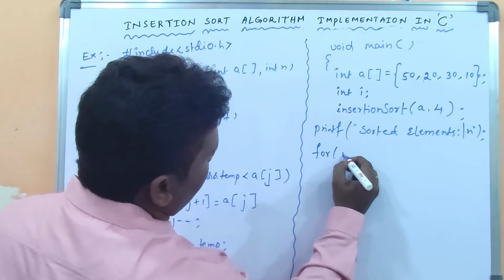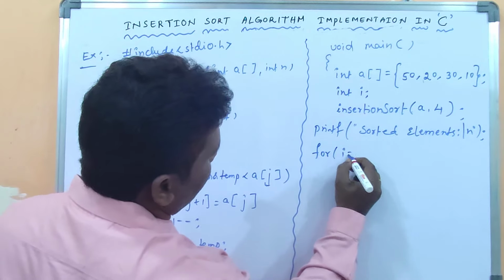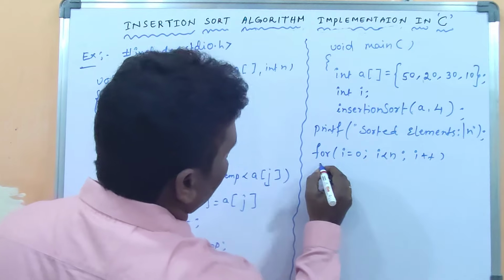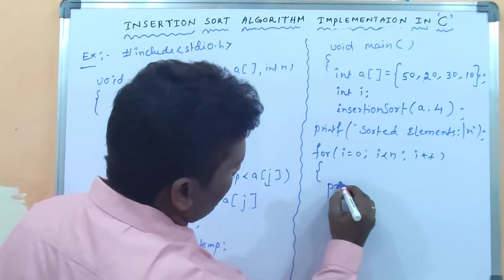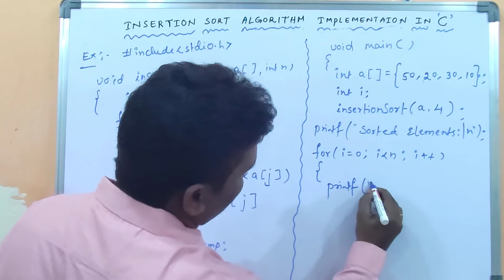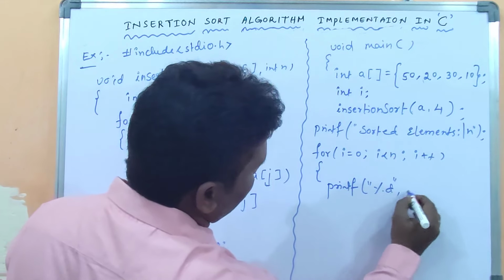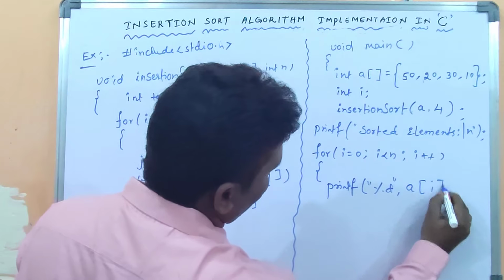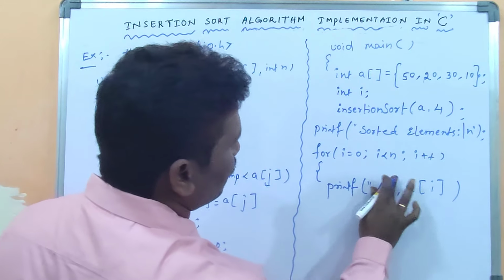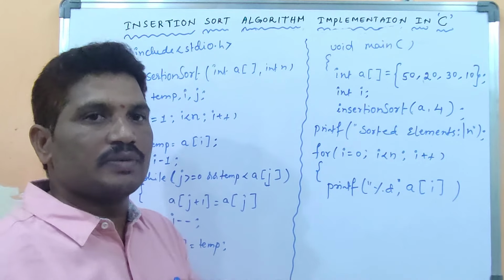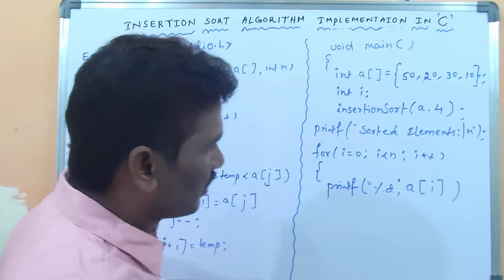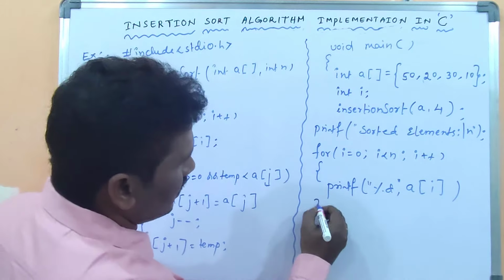For i equal to 0, i less than n, i plus plus, printf %d a[i]. Then you can put a space between the elements to be displayed on the output device. Then the main function should be closed.